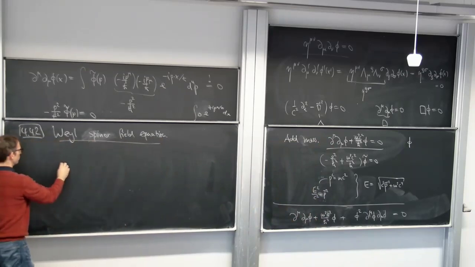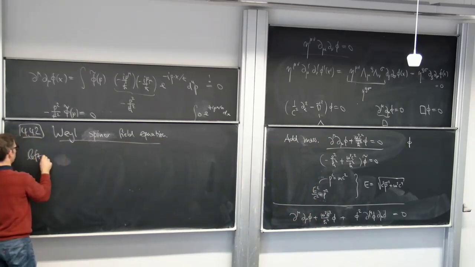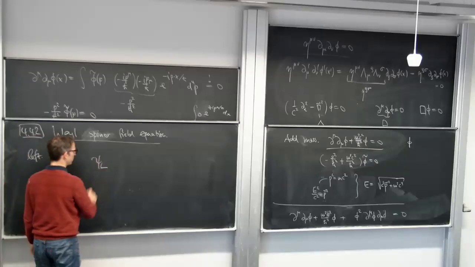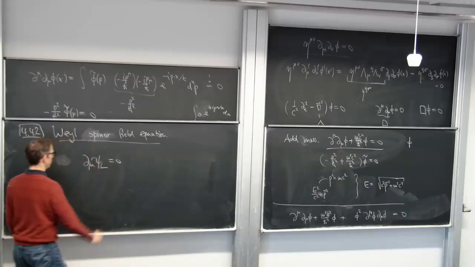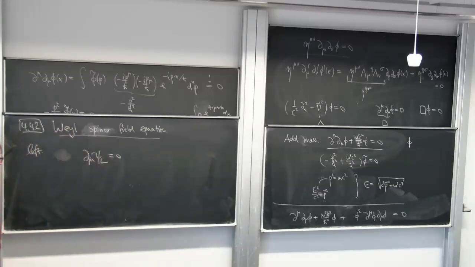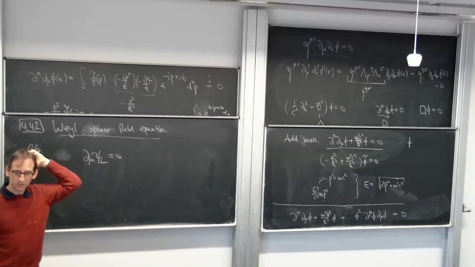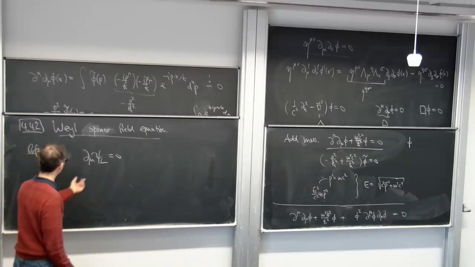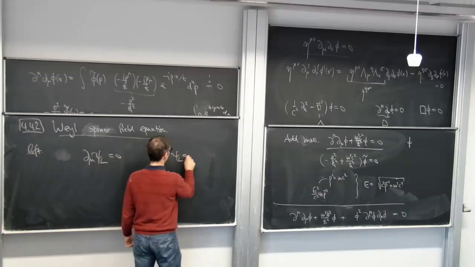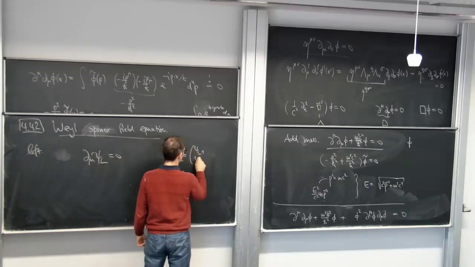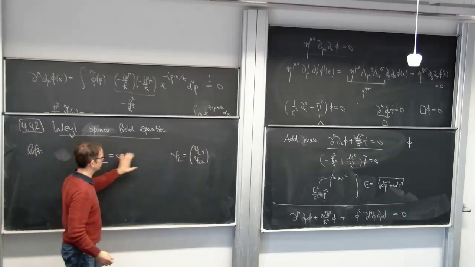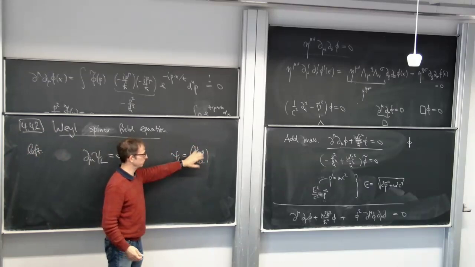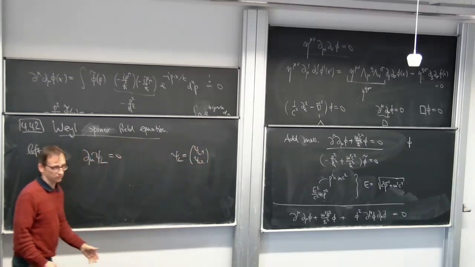Now, let's do left first. So psi L. What's your favorite equation? You do d mu psi L equals 0, but that's of course too restrictive. It sets both components, psi L1 and psi L2, to 0. The derivative acting on this just means derivative here and derivative there, and then it really is just two constant fields.